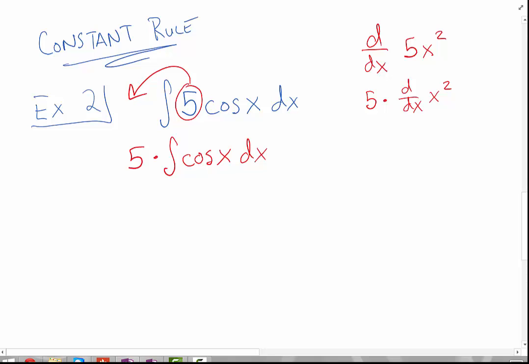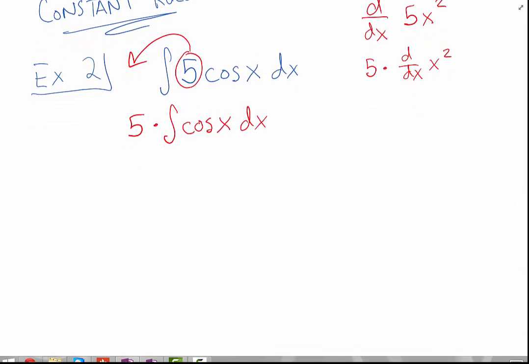And now we want the integral or the antiderivative of cosine of x. So if we take the derivative of what function will it give us cosine of x?